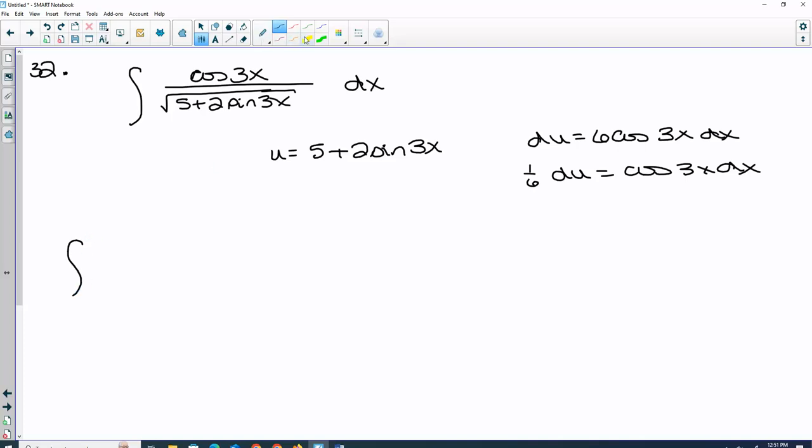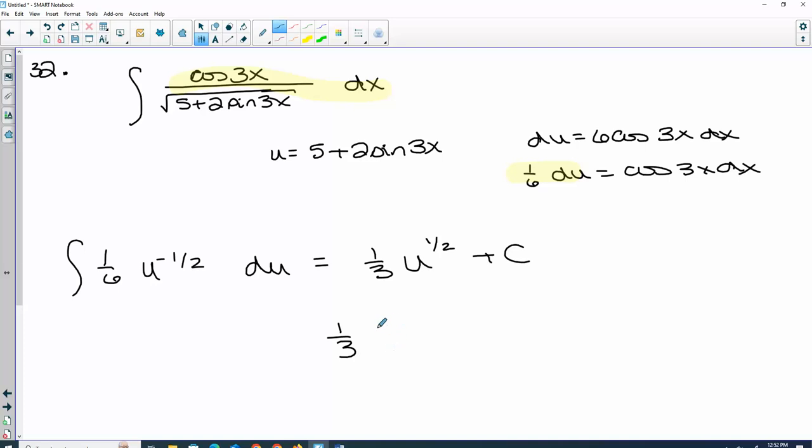So we're integrating. Cosine 3x dx is my 1/6 du. I have 1 over the square root of u, or should I just write that as u to the negative 1/2? Maybe this time. So, antiderivative, add 1 to the power, so that's a 1/2. Reciprocal in front, so 1/6 times 2 is 1/3. We don't have any limits to plug in, so we need plus c.